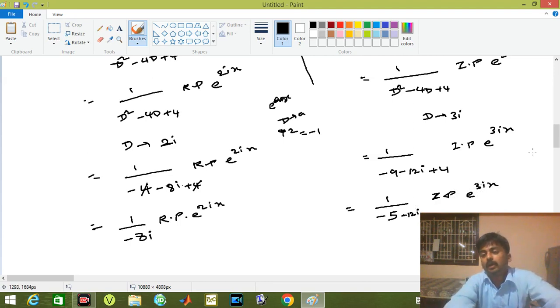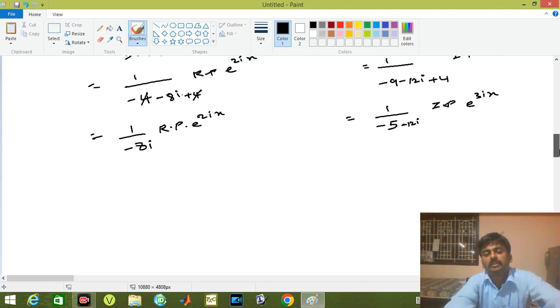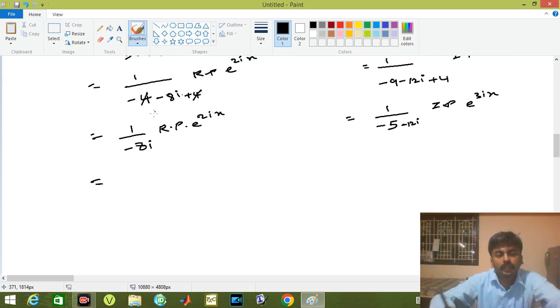Okay. Now one important thing is you are not supposed to take this minus to the numerator, because here you are having only minus 8i. So this can be written as 1 divided by 0 minus 8i. This is in the form of alpha plus i beta, and its conjugate will be alpha minus i beta.